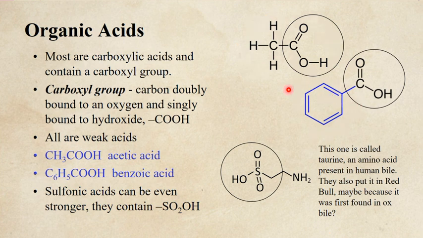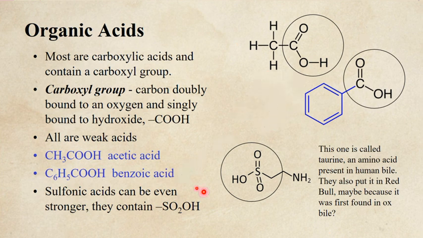There are dozens and dozens in organic chemistry, but what holds them similar is this structure here called the carboxylic acid group. These are all going to be weak acids, obviously, because they're not part of our strong system, and they are too numerous to show. On the next slide, I'm going to show you a bunch of common carboxylic acids you may not have even known you knew about.